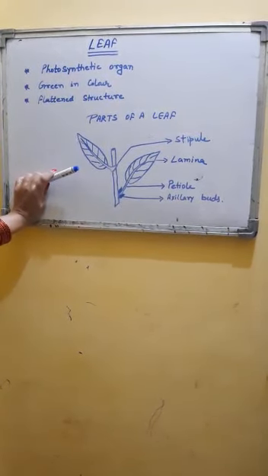Venation: the arrangement of veins and veinlets in leaf lamina is called venation. We have seen veins and veinlets in leaves, but these are present in a particular arrangement, and that arrangement is called venation.